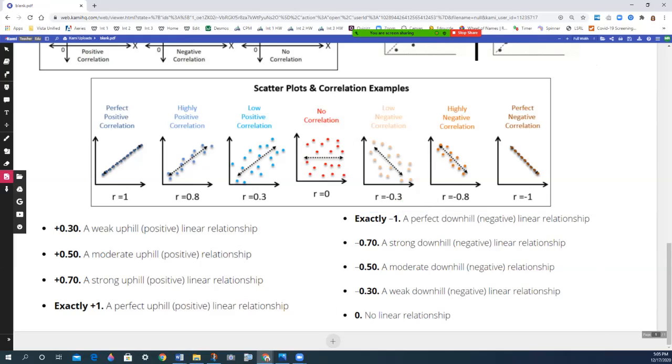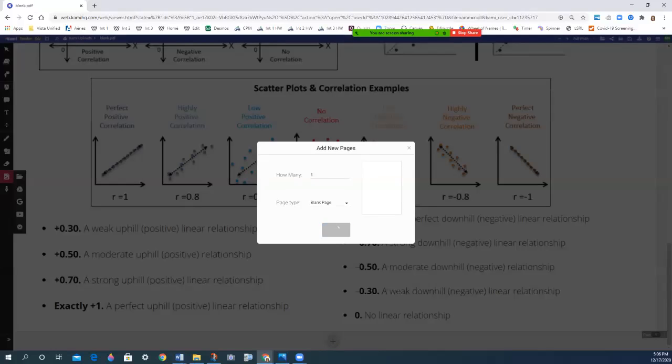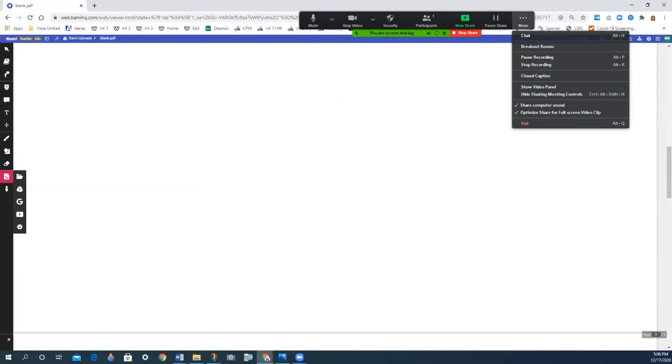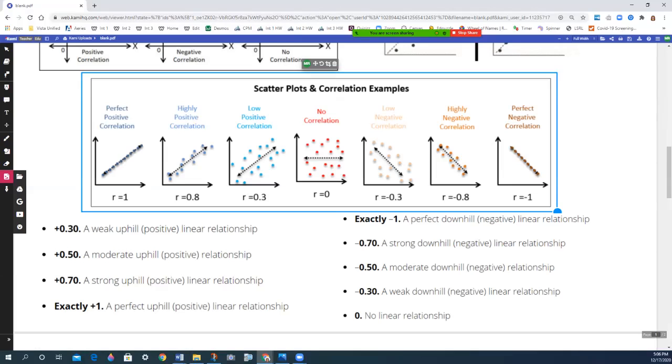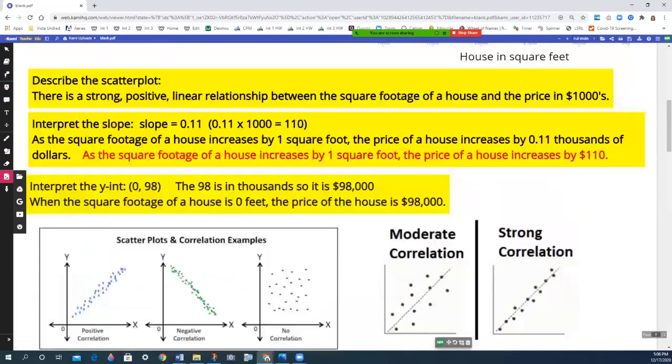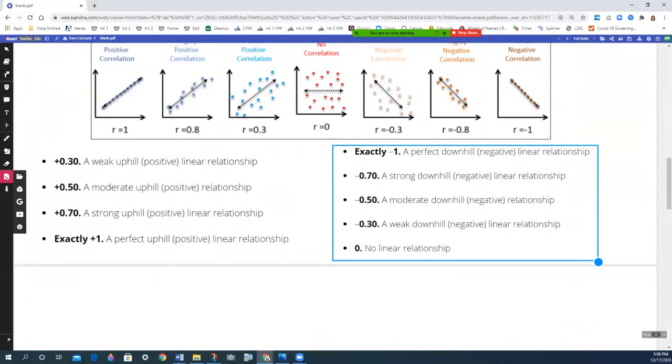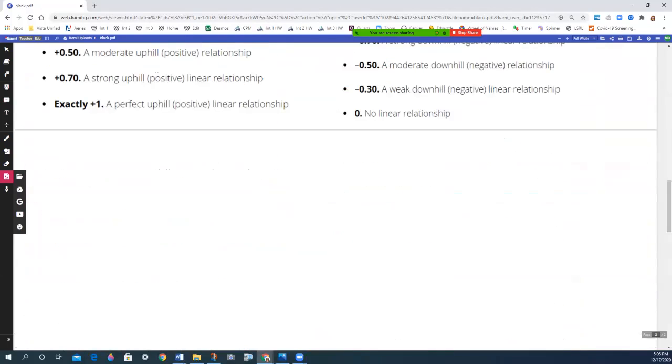Okay. So now I'm going to add a page. And I'm going to talk about the correlation coefficient. The one we're going to be describing is, again, this correlation coefficient of R equal 0.7621. So I'm going to get my text box.